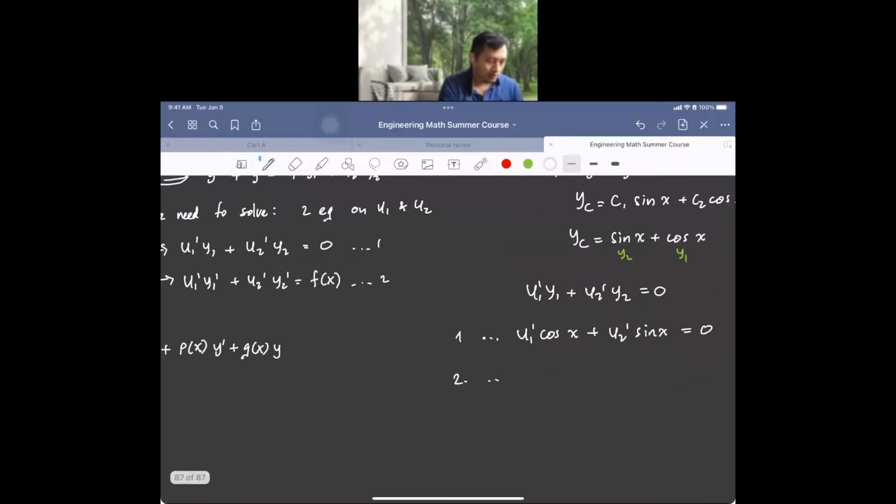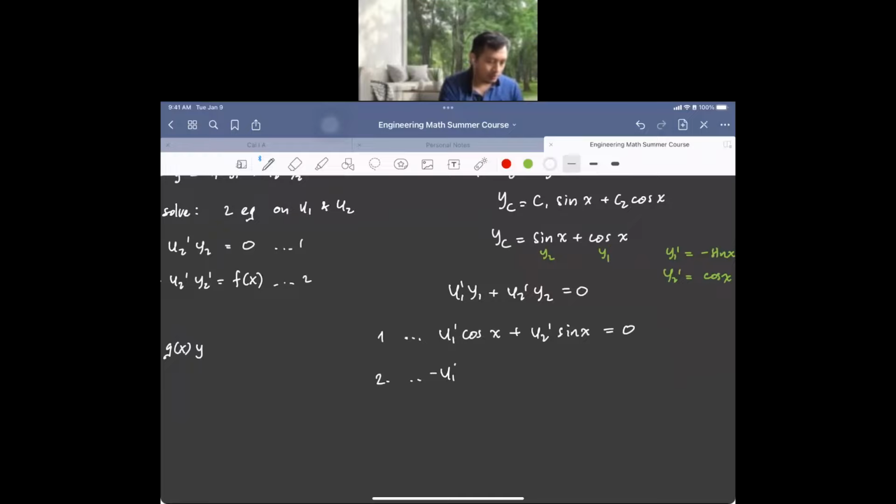So we write negative u1 prime sine x plus u2 prime cosine x equals f of x, which is tangent x. So the goal is we set up u1 and u2, combining with the y1 and y2 that we came up with from the solutions of the homogeneous one.